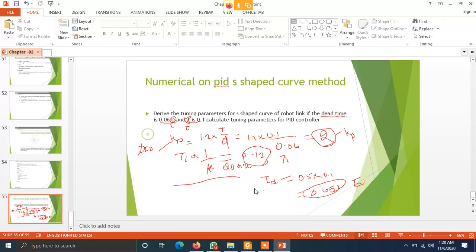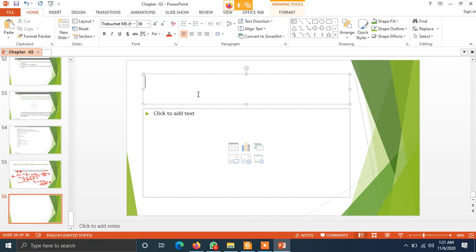Just have a look. Sustained oscillations.